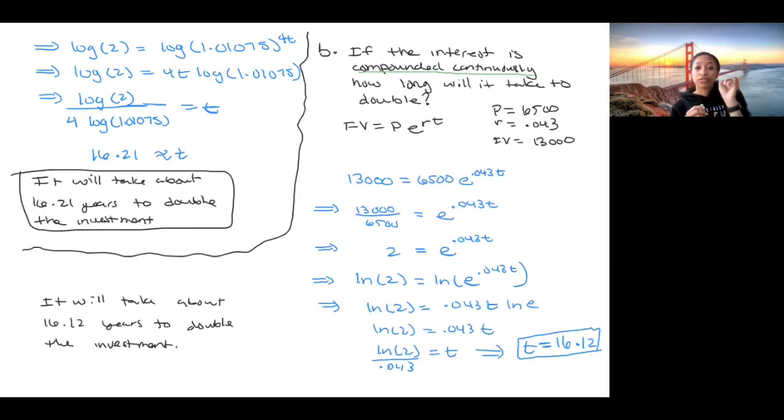First step, divide by the principal. That should isolate your exponential term. Second step, take the log of both sides. Third step, bring down your exponent. And then fourth step will be to use the properties of algebra to solve for your variable t. Depending on what your exponent is, that could take 1 or 2 or 3 steps. But it's the same kind of pattern.